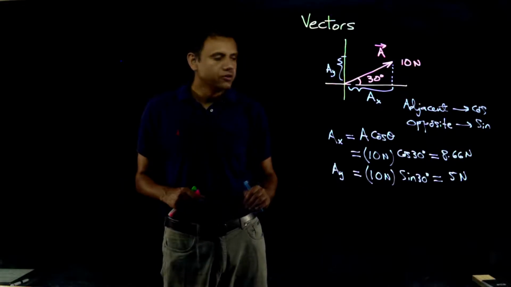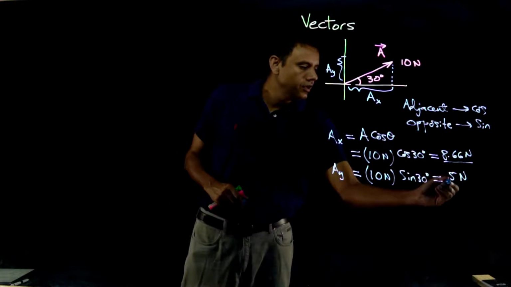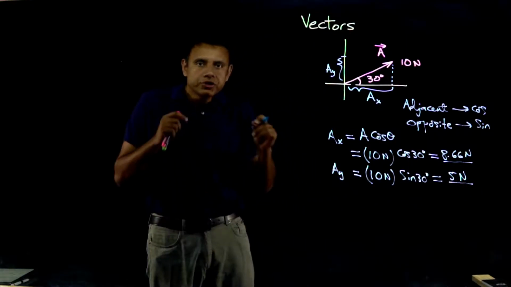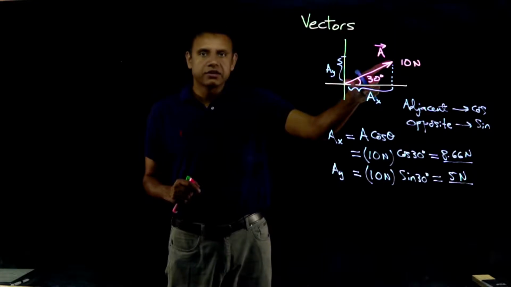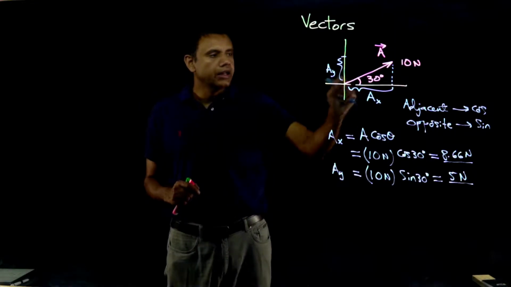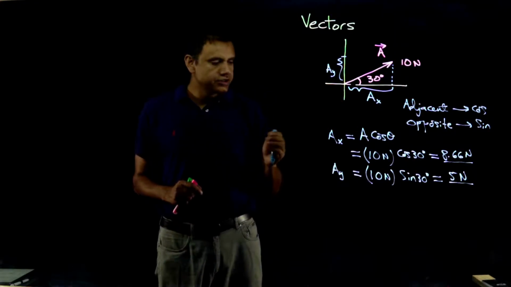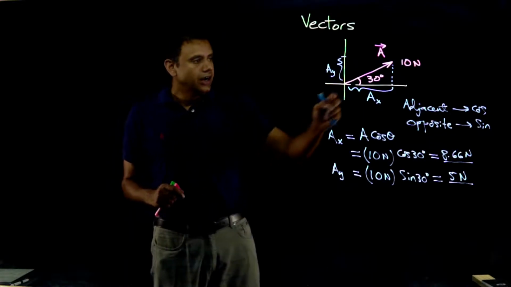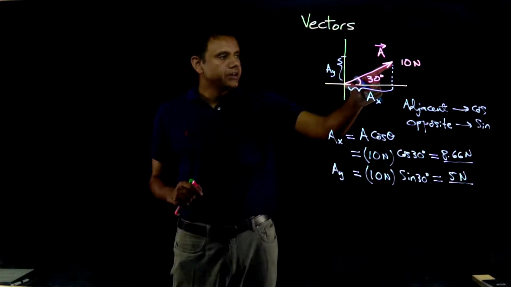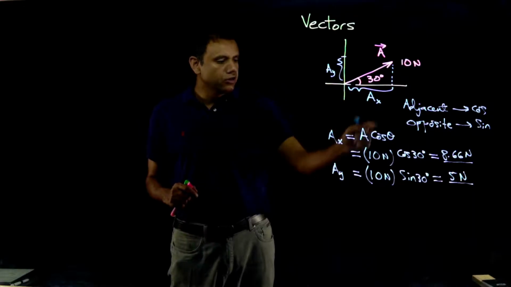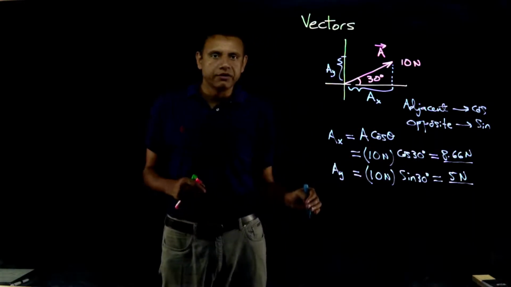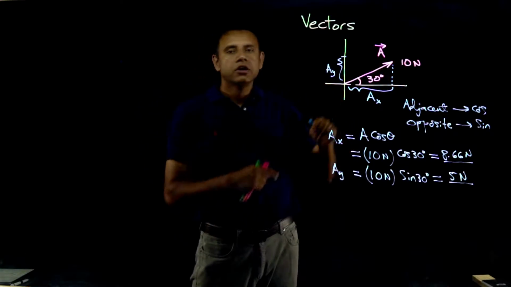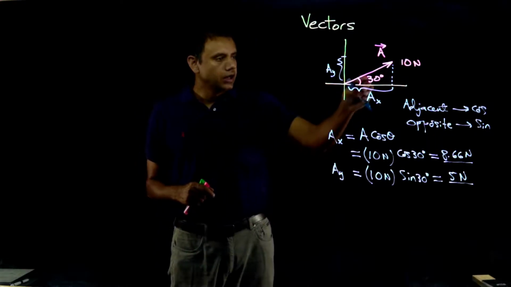Just based on that, we should be able to calculate the length of the full vector and the angle. Either you are given the full vector and the angle, and you can calculate the components, or if only the components are given, you should be able to calculate the total vector and the angle.